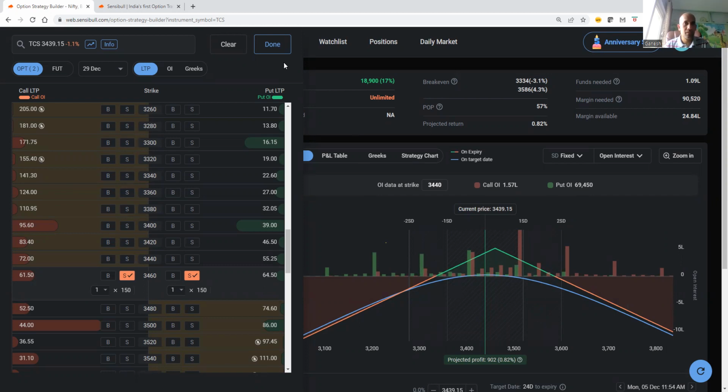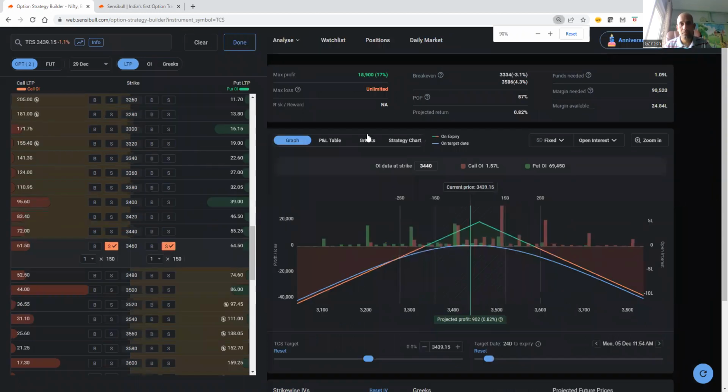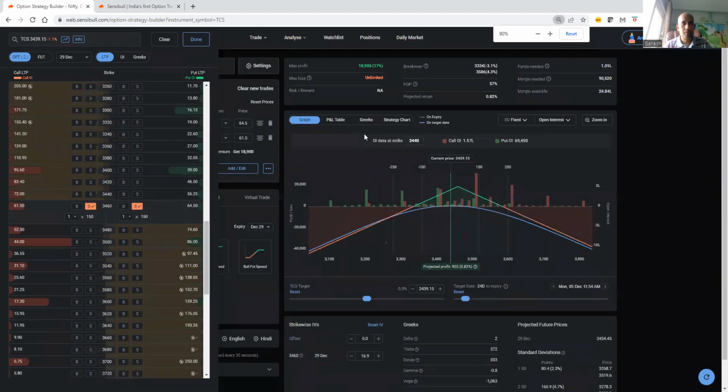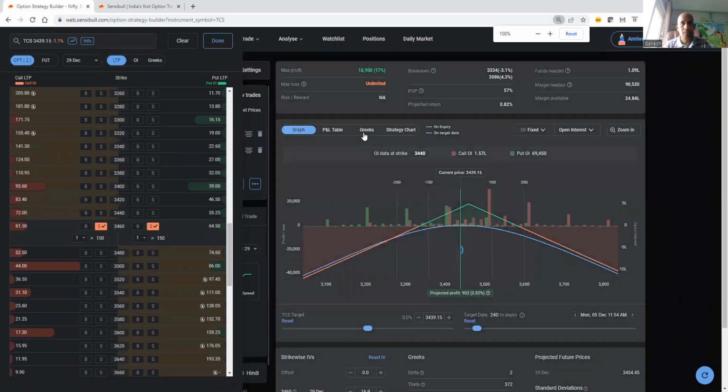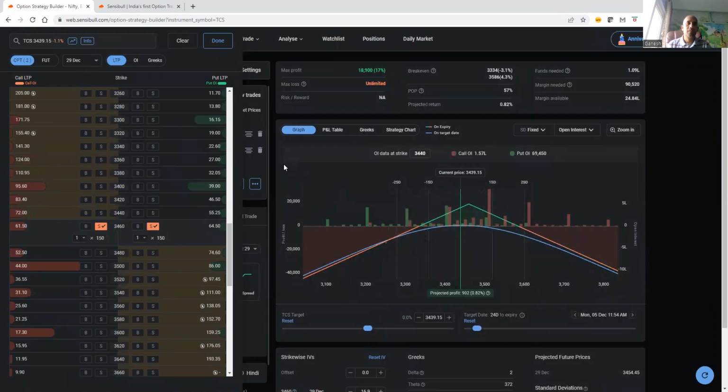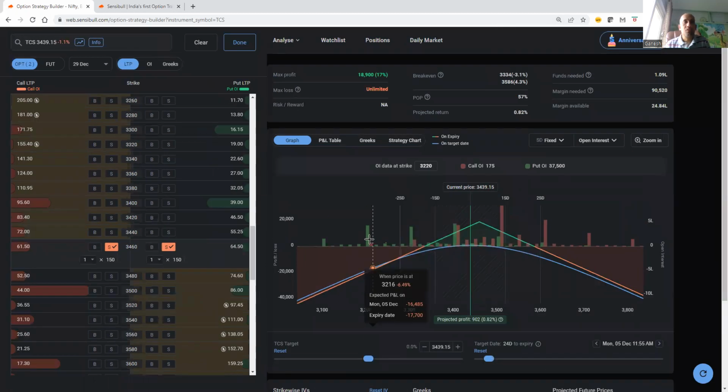This is the max profit. Once you choose the strikes, on the right side, see, here it shows what is the max profit.